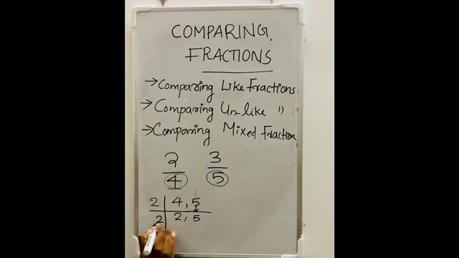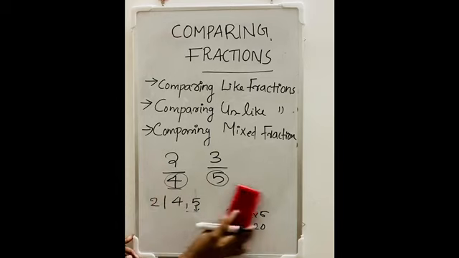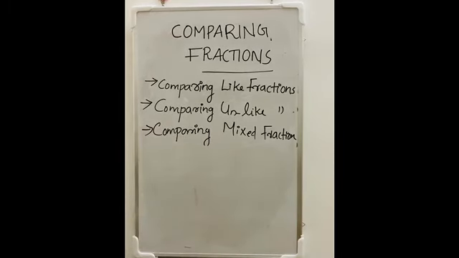Again we can choose 2, then 1 and 5, and again we choose 5 and 1, 1. So the LCM will be 2 into 2 into 5, which is equal to 20. Please watch my previous videos to see how to find the LCM and how to convert unlike fractions to like fractions.